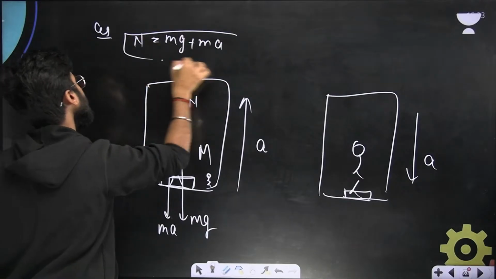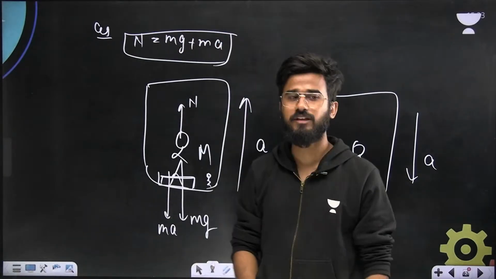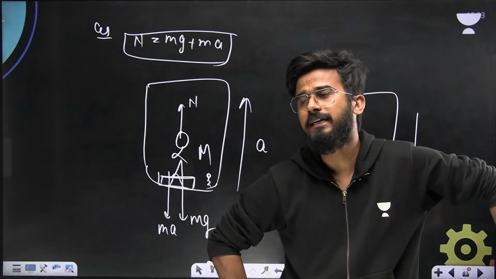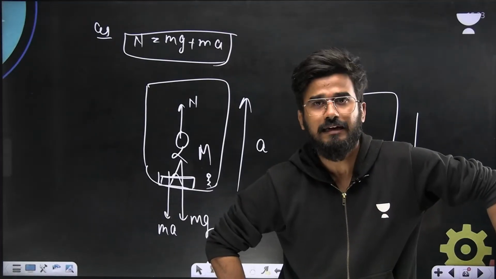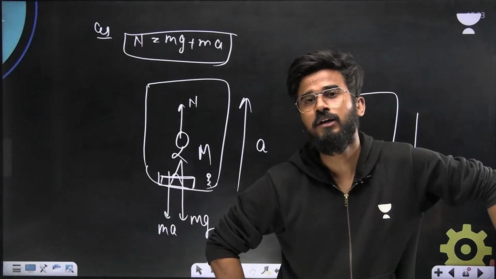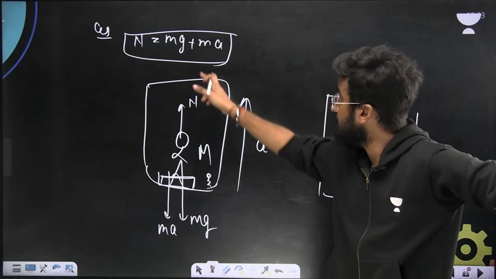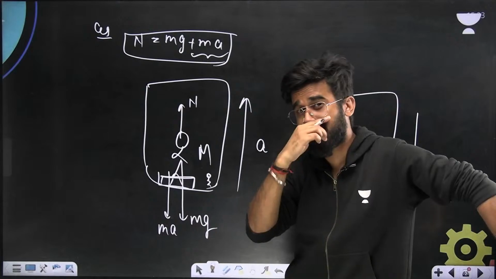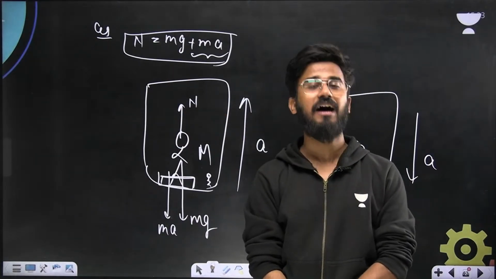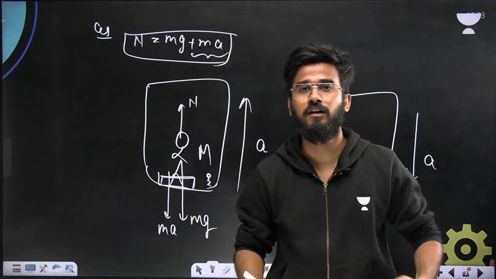Generally, if you are standing on the weighing machine, it simply reads your mg. But since you are going upwards in the elevator, there is an additional force of ma added to your mg, so you feel very heavy.